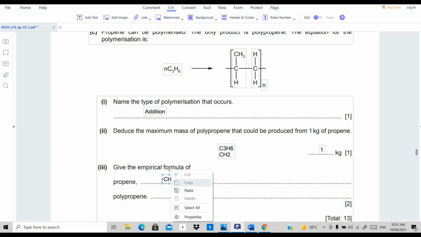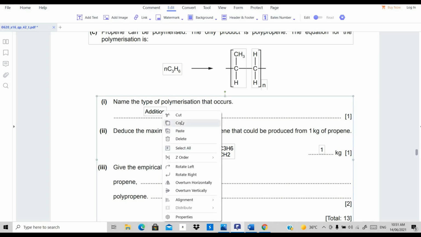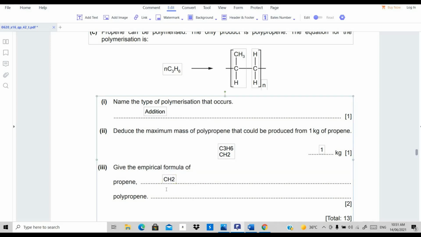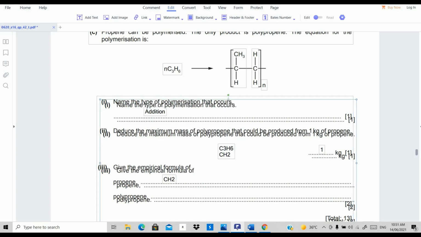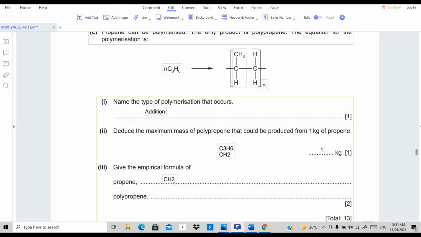Don't be confused because it's not that hard. Just look at the question carefully, read it, and then answer it. And right here, CH2 again. Simple question, simple answer is required. No complications.